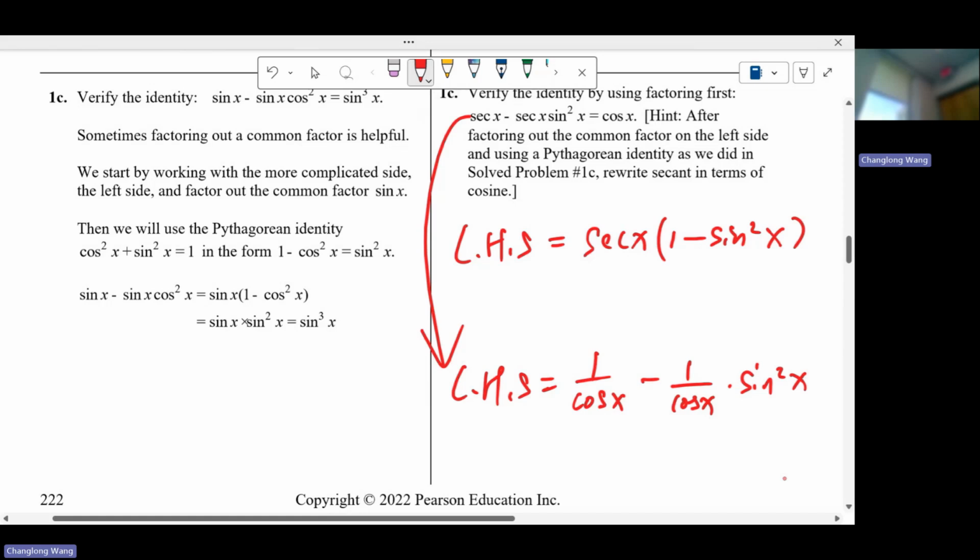But my point is, the reason why you guys can get lost sometimes is because you probably haven't turned things into the things that you're more used to. And now, what if I have tangent on the right-hand side? What if I have cosecant on the right-hand side? Do you see that it's the same logic? It's hard to match things when things are not in a consistent form.